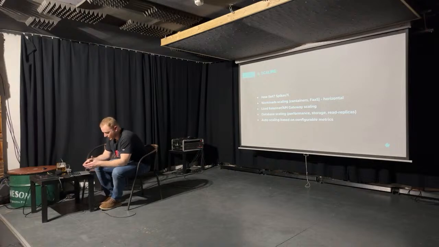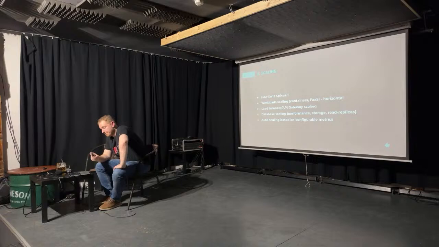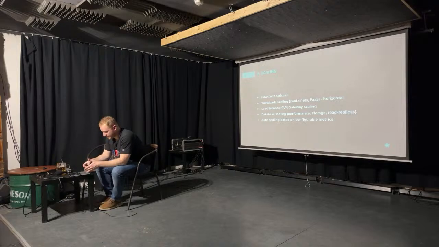And as I mentioned, if you want to scale horizontally, then you need to have a load balancer or API Gateway employed. You should also think about scaling other parts of your infrastructure, for example, databases, not only your own containers that run your application's code.